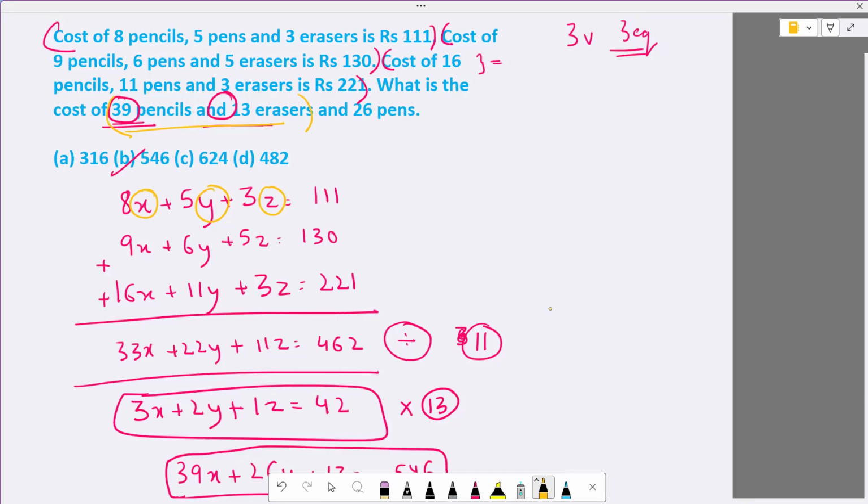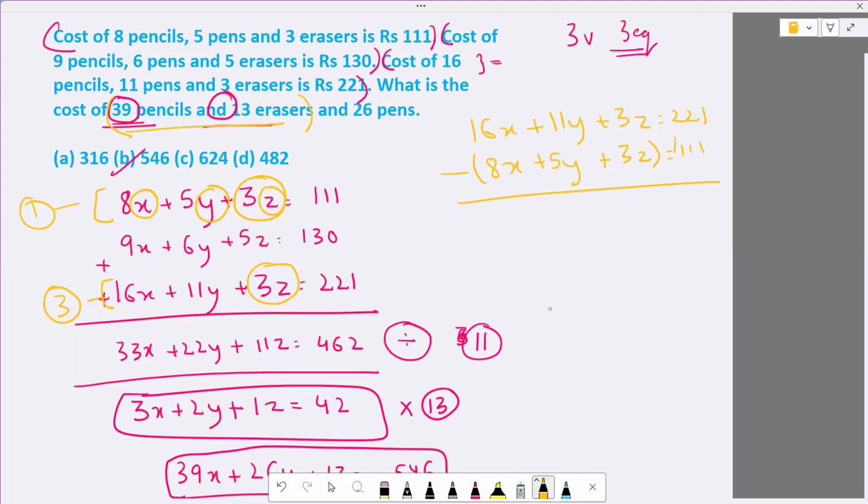So here we can see that 3z is present here as well as here. So what we can do is subtract the first equation from the third equation, right? And when we do so, what will we get? 16x plus 11y plus 3z is equal to 221, minus 8x plus 5y plus 3z equals 111.